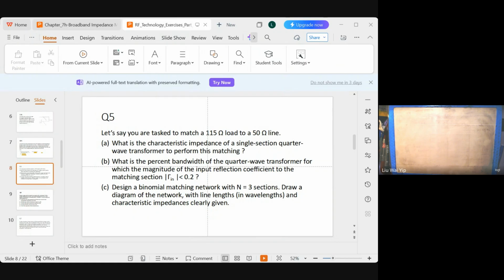Okay, so this is the question. It looks difficult, but it's not difficult at all. I will update the lecture slide for part C of the question. We already have the lecture slides for part A and part B, but we don't have the lecture slides for part C, but I will update it.